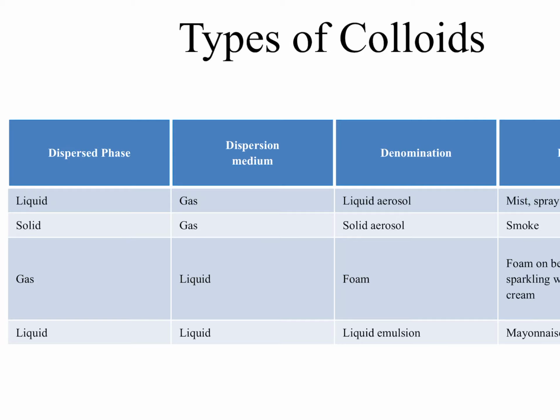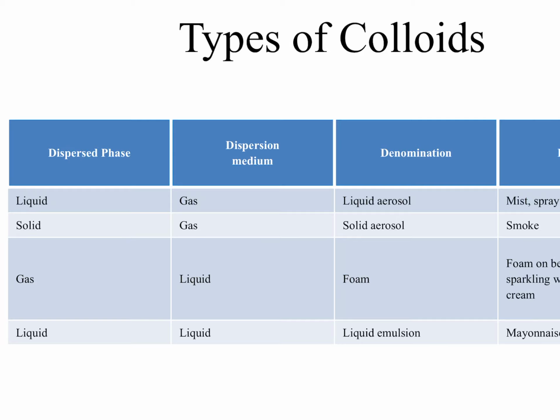And if the dispersed phase is solid and the dispersion medium is gas, it is called a solid aerosol. These are usually called sols. Smoke as well as dust are the best examples of solid in gas.